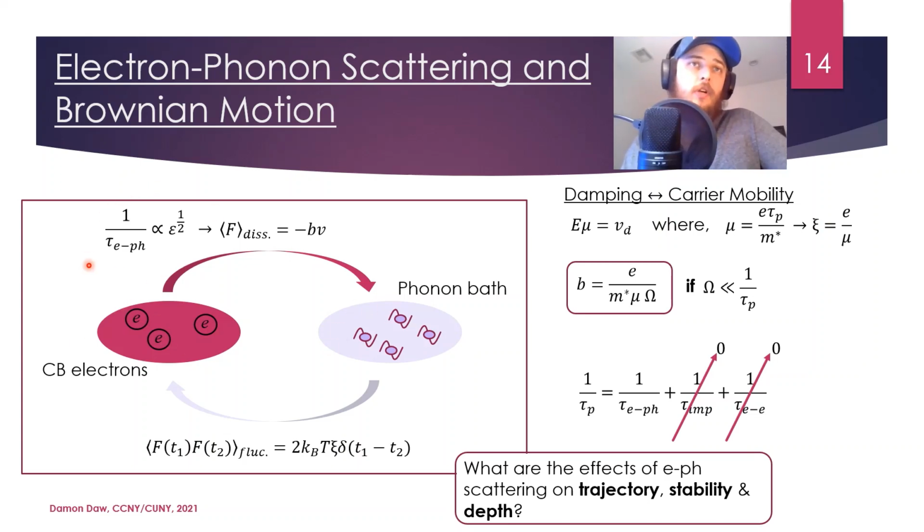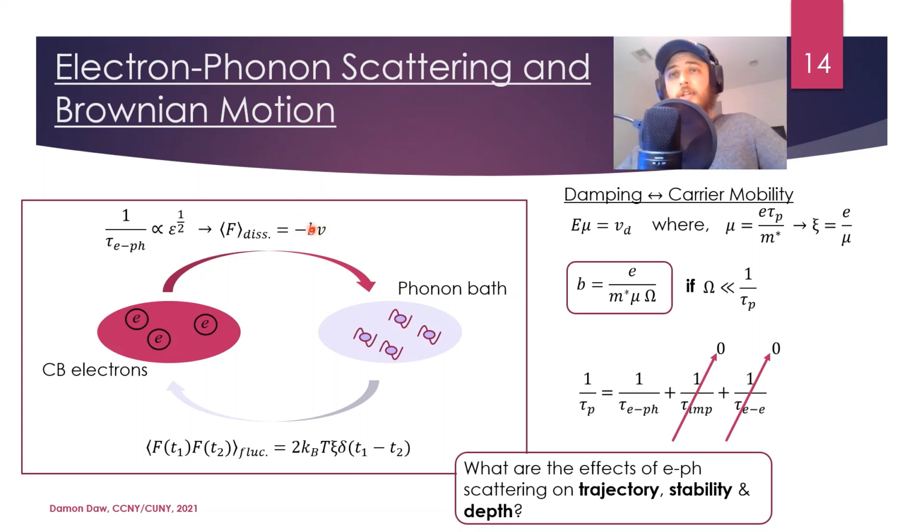If you look, for example, at the electron phonon scattering rate, it goes like the density of states, which goes like the square root of the carrier energy, which is the velocity, the group velocity of the electron wave packet. So it's pretty reasonable, like in the theory of Brownian motion, to say that there's some damping force, or a dissipative force, that's proportional to the velocity.